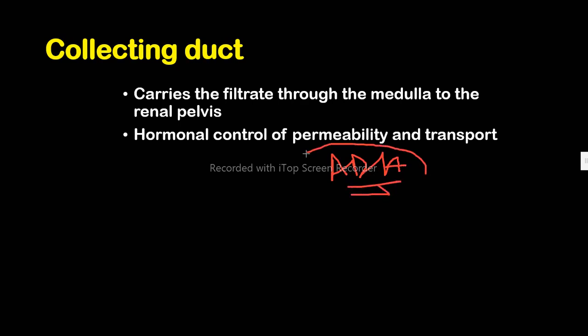If the concentration of this hormone is too much, or if you have a high concentration of ADH hormone, then more aquaporins will be opened, and so you increase the permeability of the collecting duct to water.